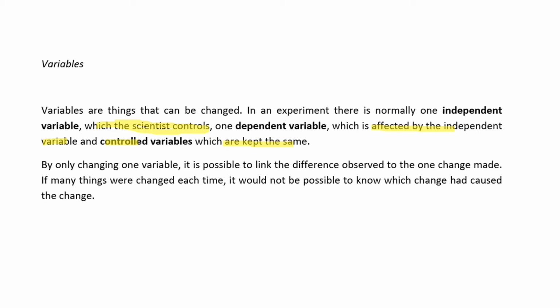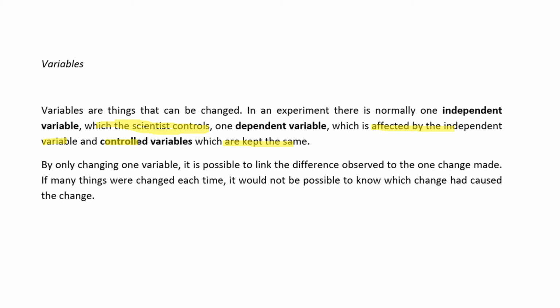caused the change. For example, if you're growing seeds and you give different seeds different amounts of sunlight, also different amounts of water, also different locations to grow, then there's three different things. How do you know if it's the location or the light or the water that makes the plant grow better? You simply don't.